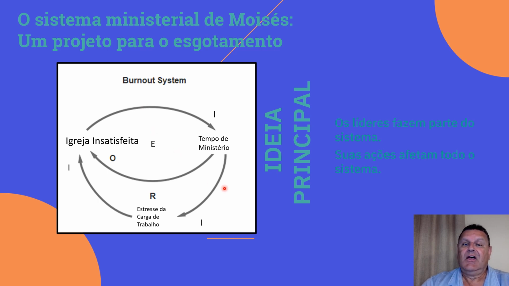The point of this, of course, is not only do we gain better understanding of exactly why it works the way it does, of what's really happening, but we also understand that the leaders are part of the system, and the decisions that they make to do things or not do things, the policies, the actions that they take have consequences. Putting in more ministry time was a decision that he made, and the unintended consequence was increased workload and stress, which impacted the very problem that he was trying to solve.